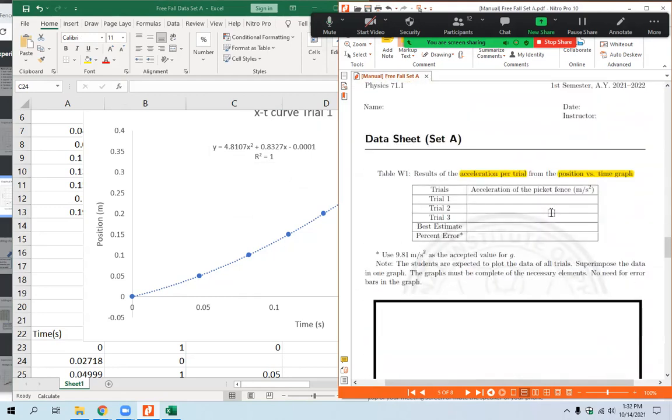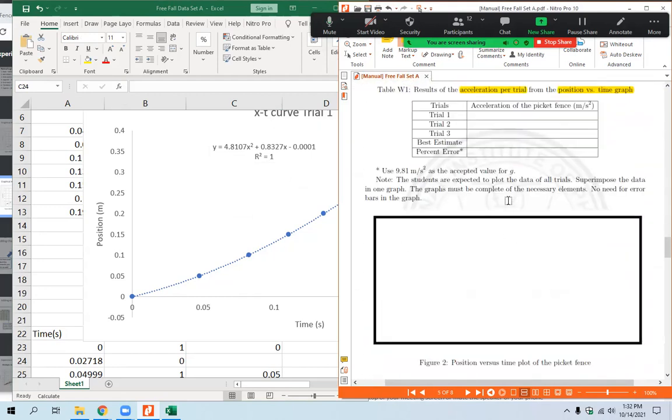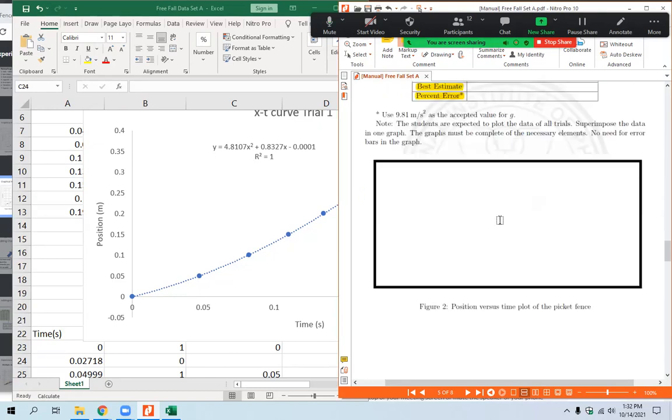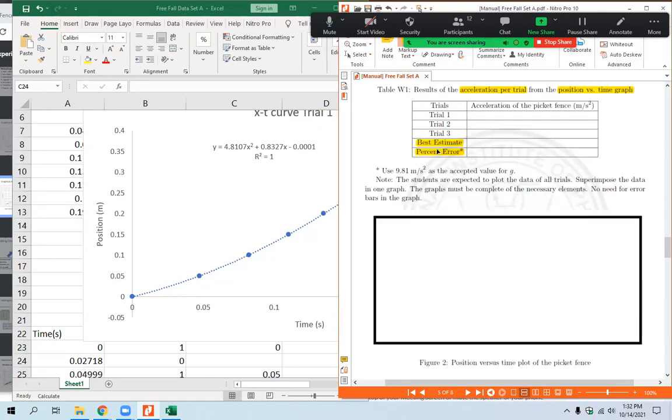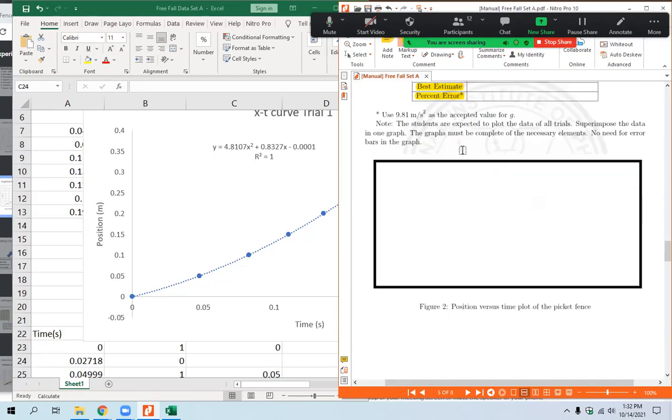Okay, so going back, next. After you do this, so percent best estimate, this is just your average. Percent error, nasa experiment 1 ito. This is just your deviation times 100%. Relative deviation times 100%. Balikan nyo na lang sa experiment 1. So next is graph.